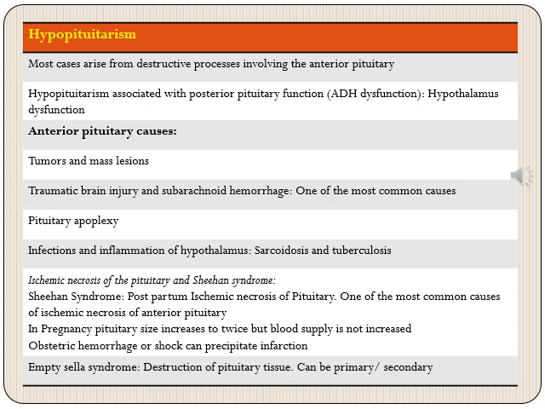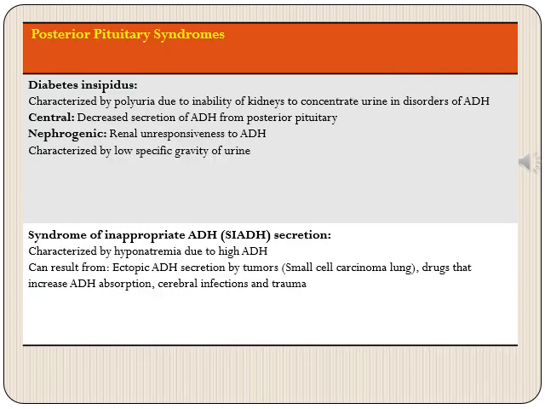So this is a very important syndrome called Sheehan syndrome, seen particularly in the postpartum setting. And then finally we have empty sella syndrome, which, as the name suggests, is any condition where there is destruction of pituitary tissue, which can be primary or secondary, and radiologically the sella is seen to be empty.